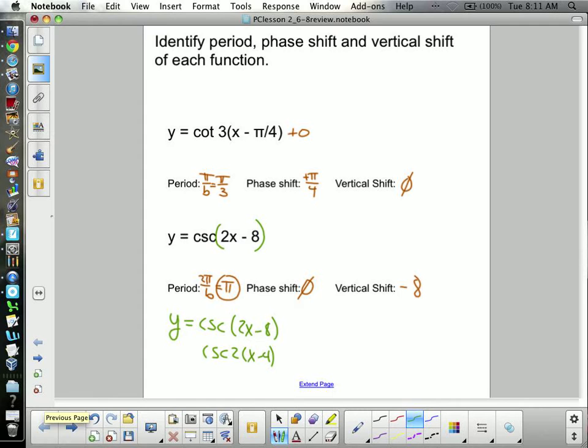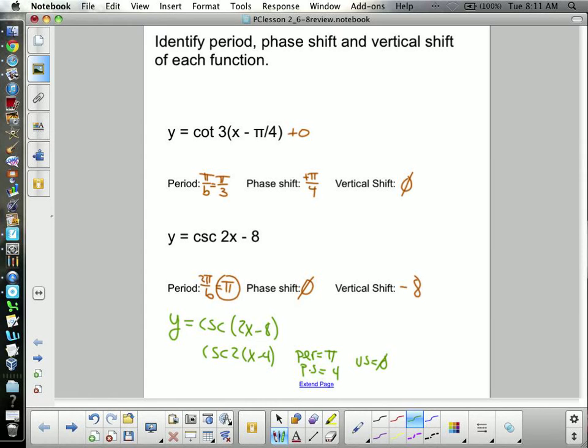Now we still have a period, but I have a phase shift of 4 and a vertical shift of 0. So parentheses or no parentheses makes a big difference. In parentheses, that minus 8 represents a phase shift. Outside parentheses, that minus 8 represents a vertical shift. It's a very subtle difference.